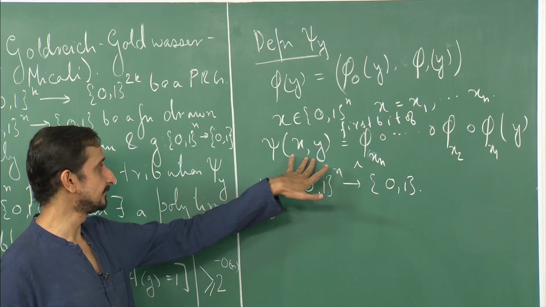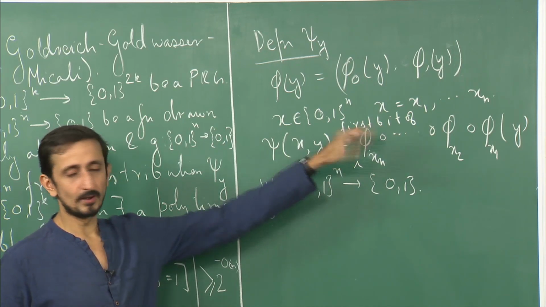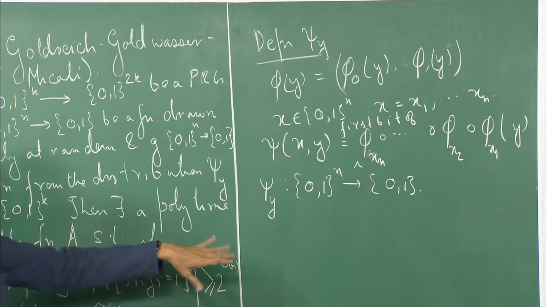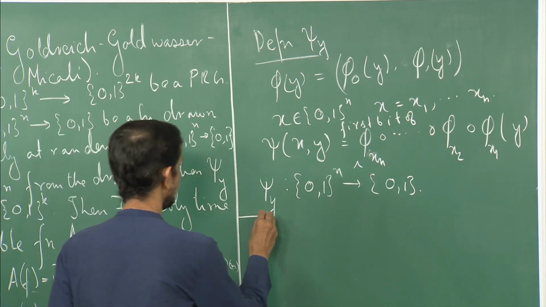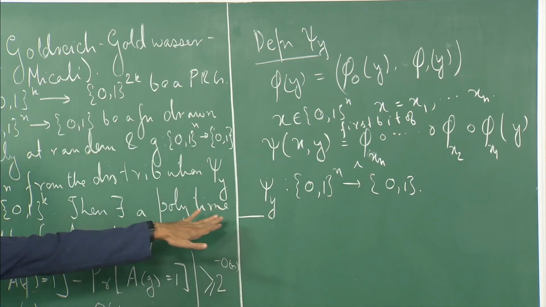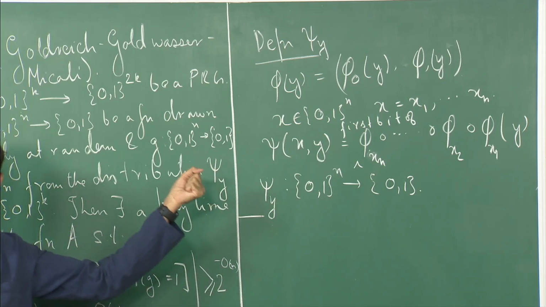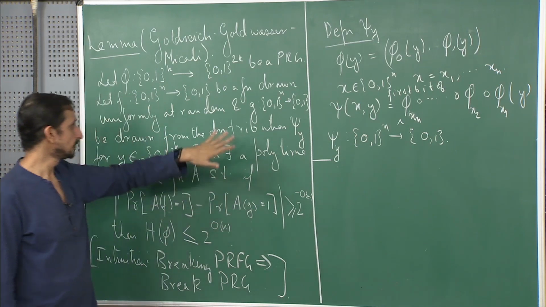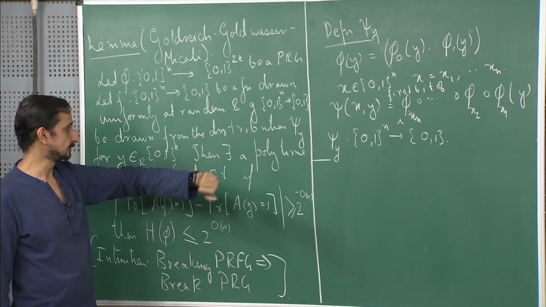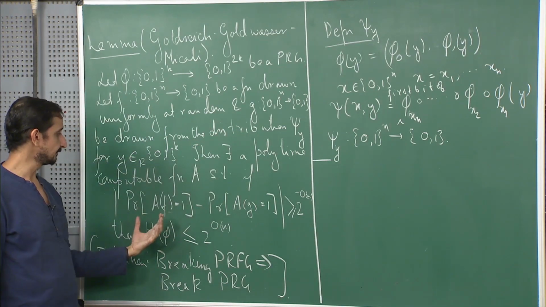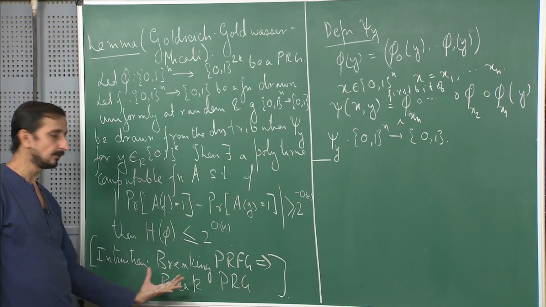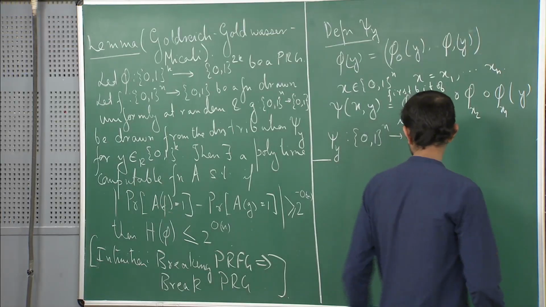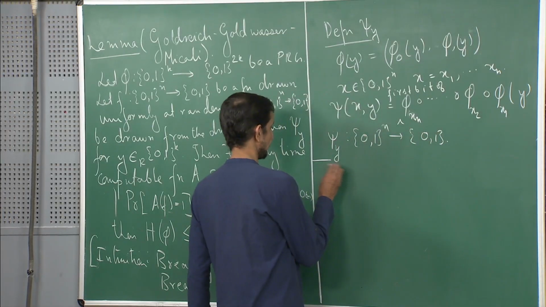So this gives us a map from x comma y to {0,1}. That is how we defined it. Now this gives us a distribution over functions: I choose y randomly, and this gives us a way to choose a function from the distribution. And now what we are saying is that if I can distinguish between these two functions, then I can break a PRG phi. So let's look at the proof of the lemma.